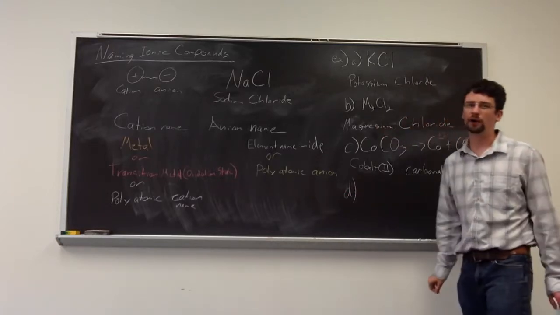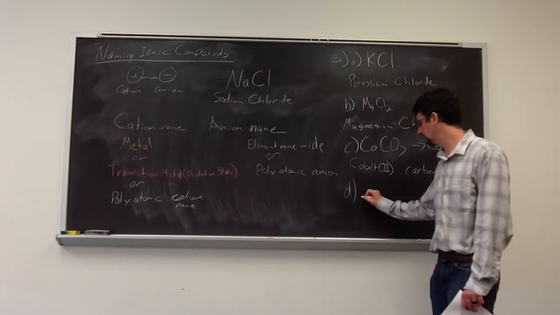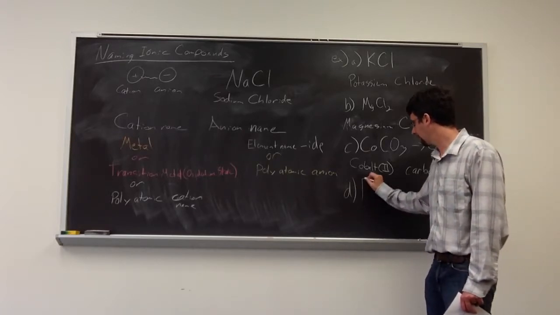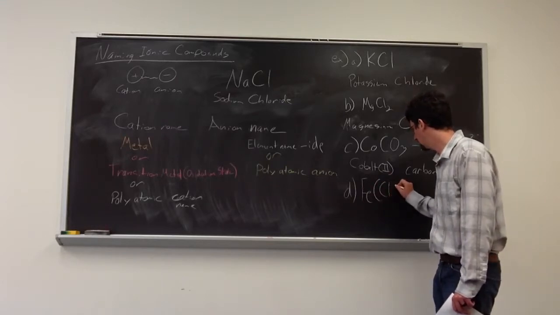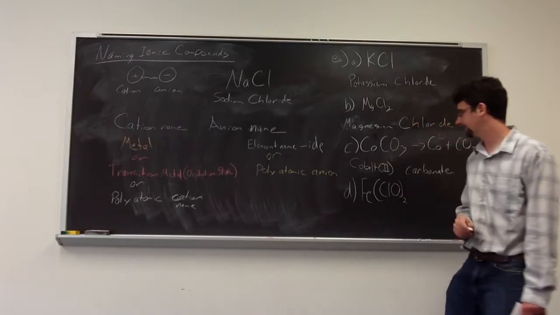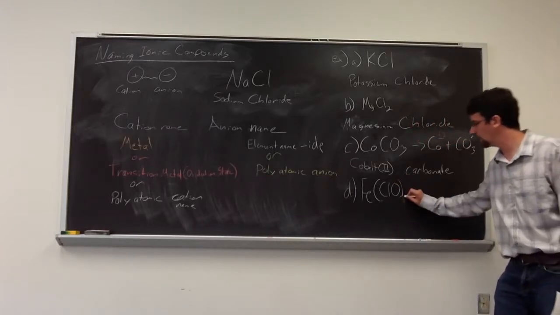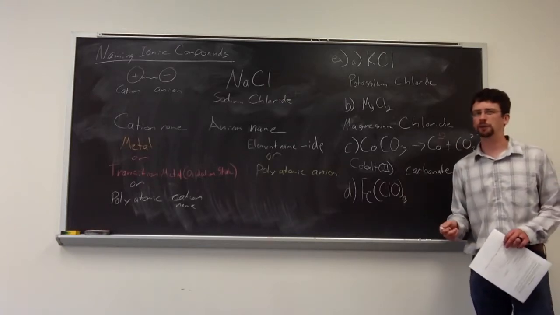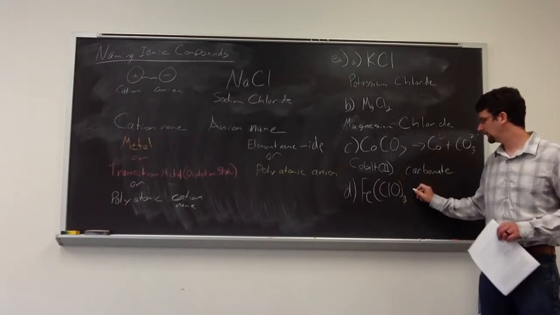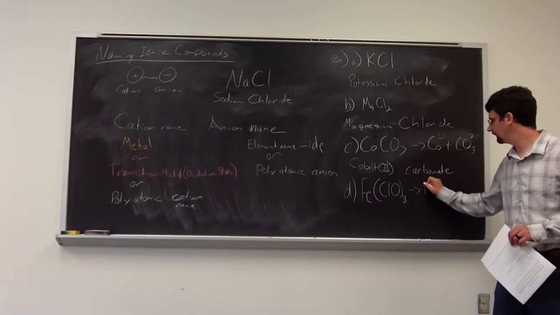Let's do one more, one that's a little more difficult. Fe(ClO)3. This one is very similar to our previous example. We have to figure out the oxidation state on that iron.